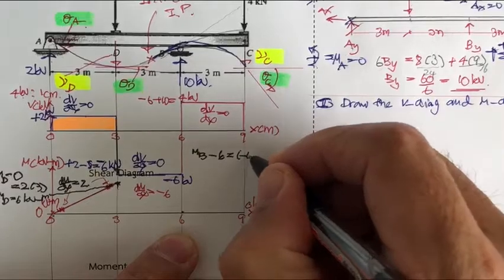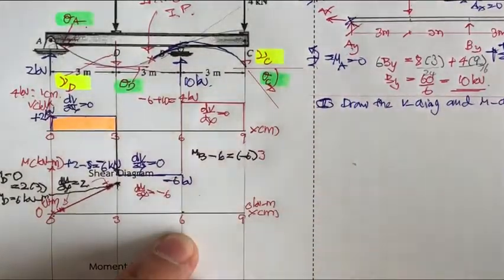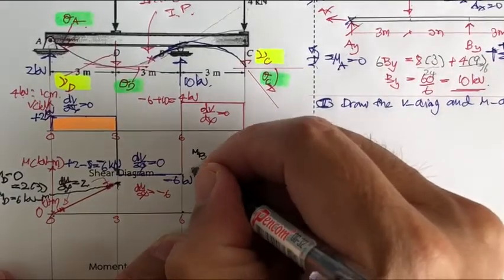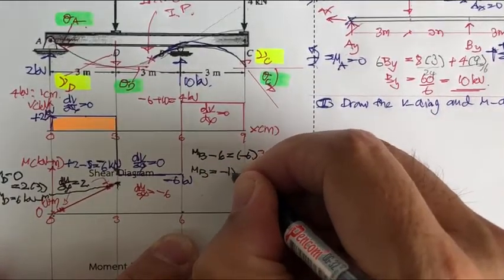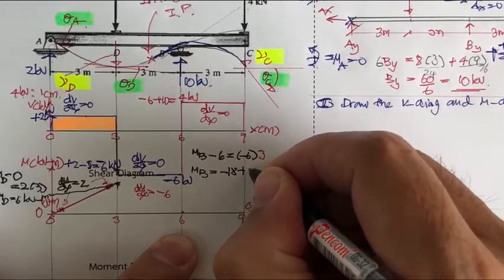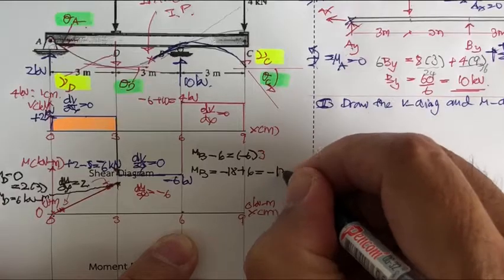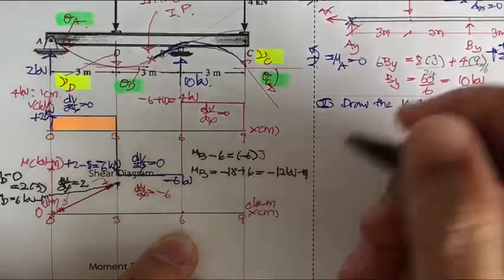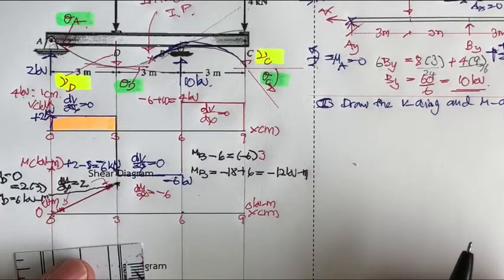So your M sub B is going to be minus 18 and then plus 6. That is going to be minus 12 kilonewton meter. So M sub B is going to be minus 12.